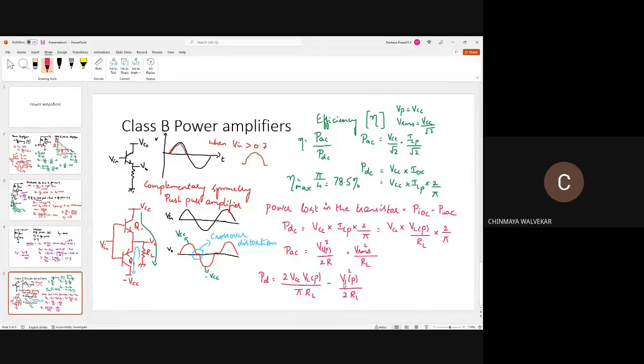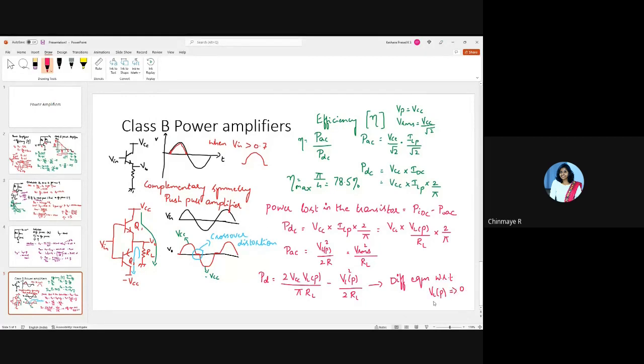Differentiate and then equate to 0. Correct. So you differentiate the equation with respect to VL of P and equate it to 0.